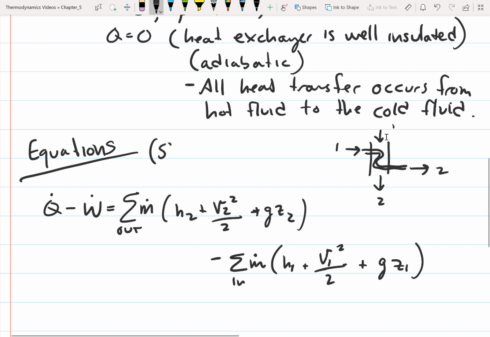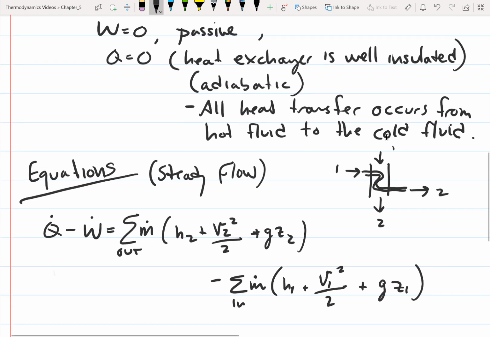So if you don't have steady flow, you'll need to start with an even more general equation than this one. Here, we've assumed that all of the time derivatives are 0 because we don't have anything changing with time in our system.